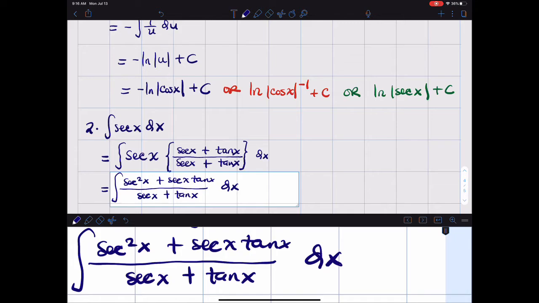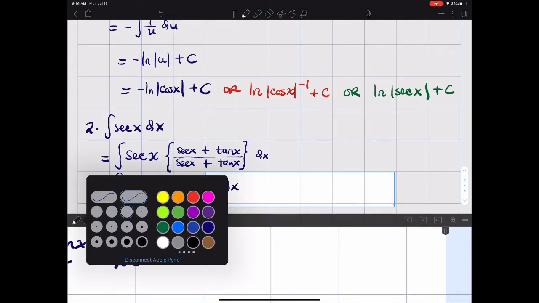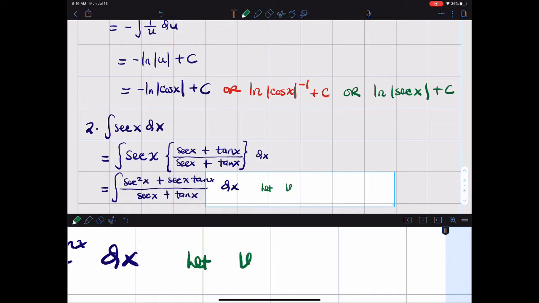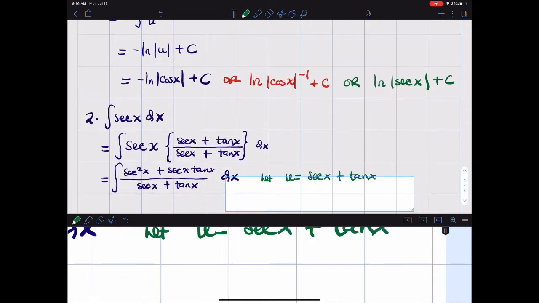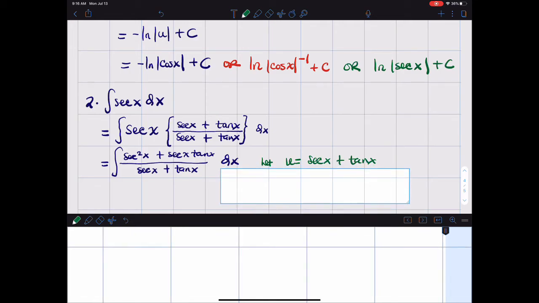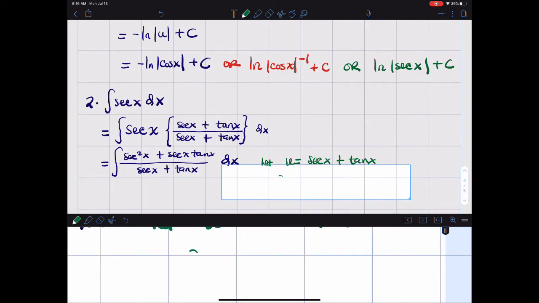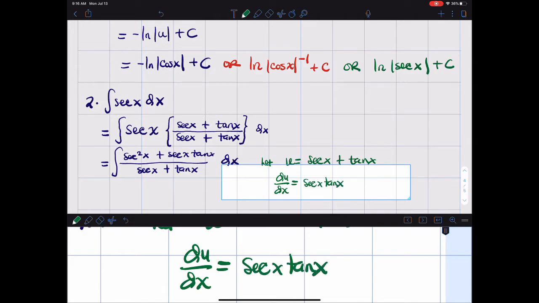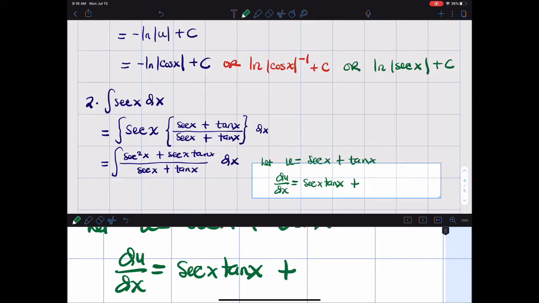Because if you let u be equal to secant x plus tangent x, then the derivative of u, du dx, the derivative of secant of x is definitely secant of x tangent of x, and the derivative of tangent of x is secant squared of x.